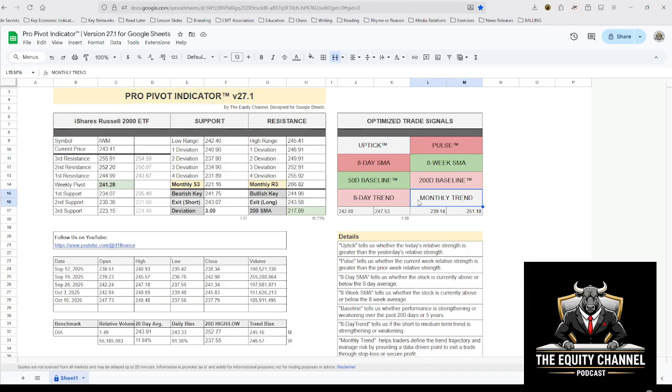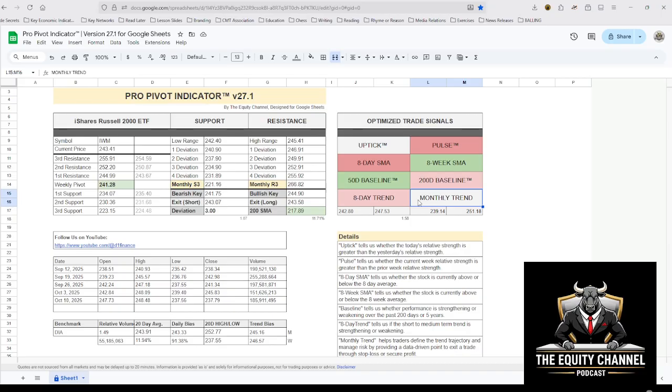That lets us know that the macro environment supported that close. So the weekly closes are what we would call a macro confirmation.